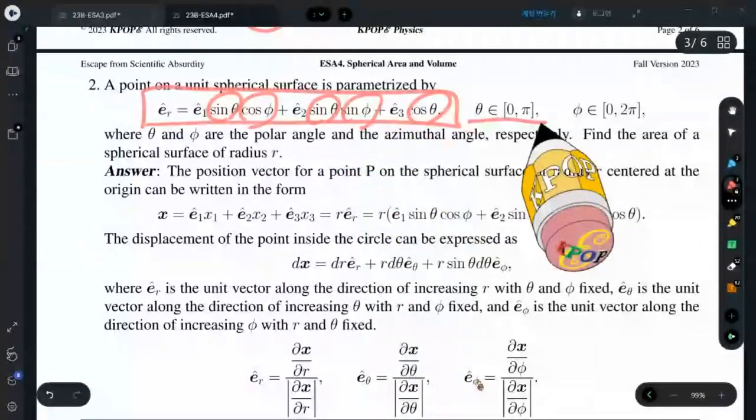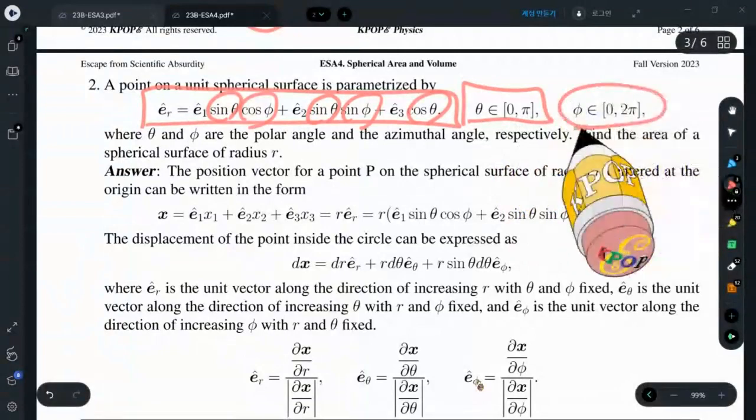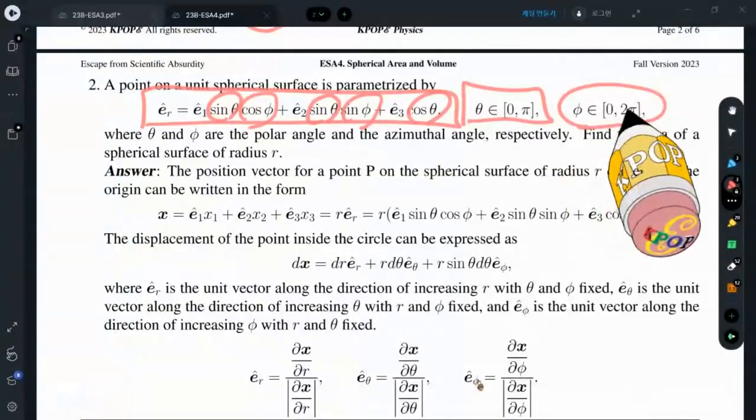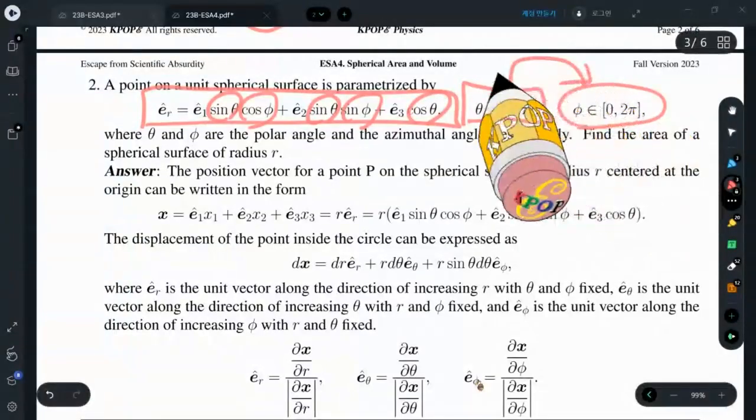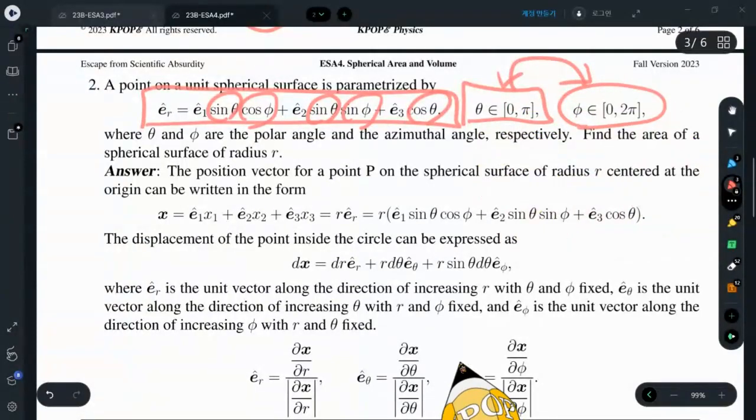Remember, this polar angle runs from 0 to pi only, and phi runs from 0 to 2 pi. They are different. Azimuthal angle and polar angle are different.